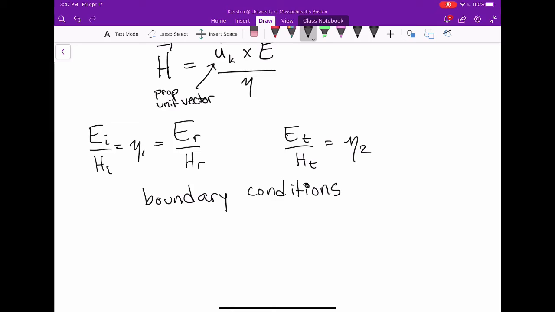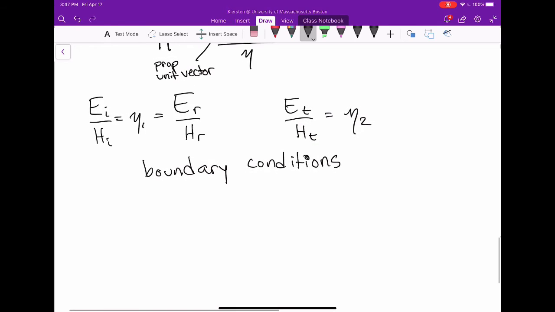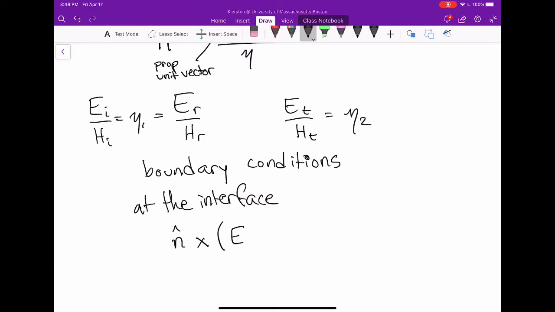That is, at the interface between these two materials, the tangential components of the electric fields have to be equal. Mathematically, that's written this way. So the surface normal vector crossed with E2 minus E1 has to equal 0.